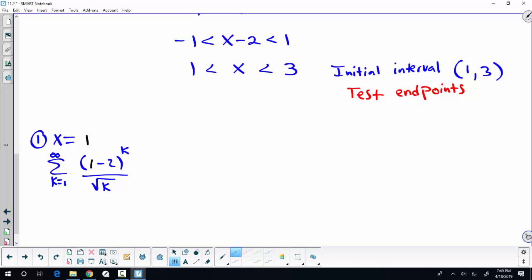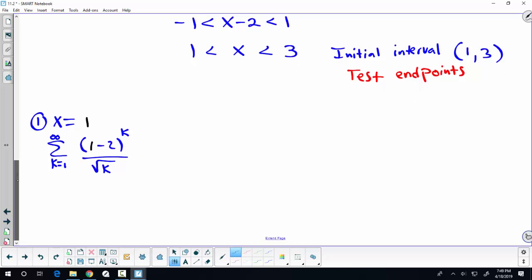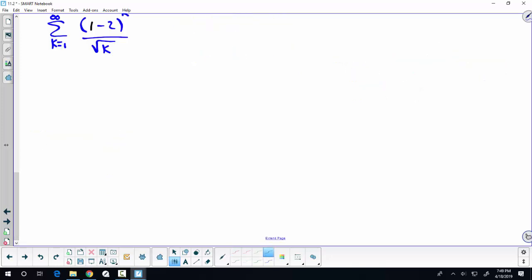This series that we come up with is only related to the original series in the sense that convergence or divergence dictates what we do to the endpoints only. We already have the interior of convergence. So no matter what, we know it converges on that interval. We're just trying to see if we pick up the endpoints through this process of testing the endpoints.